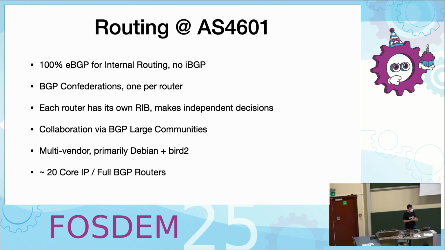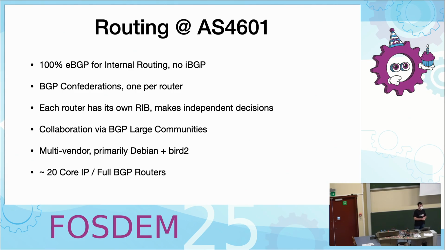That's a feature where you can use your public AS for all of your routers, and then internally you can split it into private ASs, and I have one for every router. So every machine I have has its own private AS, and each router acts independently. It does not rely on other routers or route reflectors to make decisions for it. It has its own RIB, and it makes its own decisions.